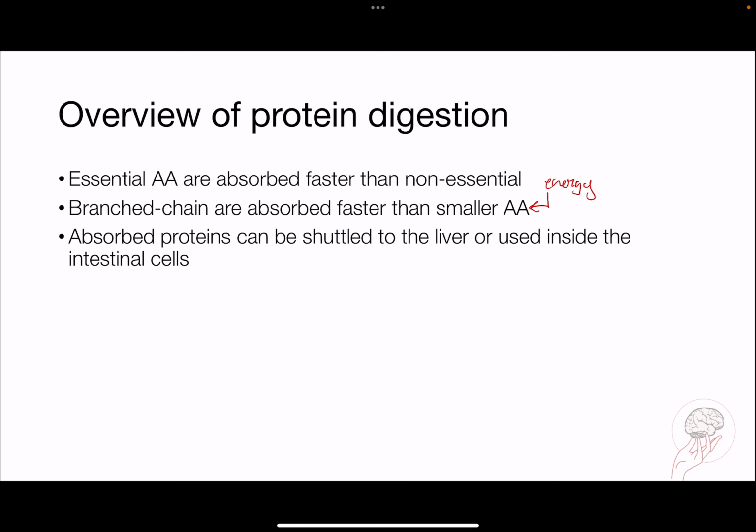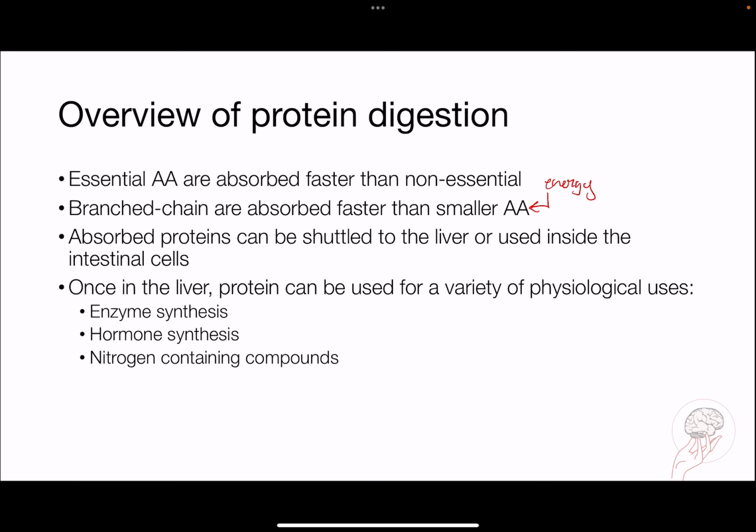The absorbed proteins can be shuttled to the liver or used inside the intestinal cells. And once in the liver is really our center of making new proteins. It can be used for a variety of physiological uses. We can synthesize enzymes, we can synthesize hormones, we can synthesize nitrogen containing compounds like urea.